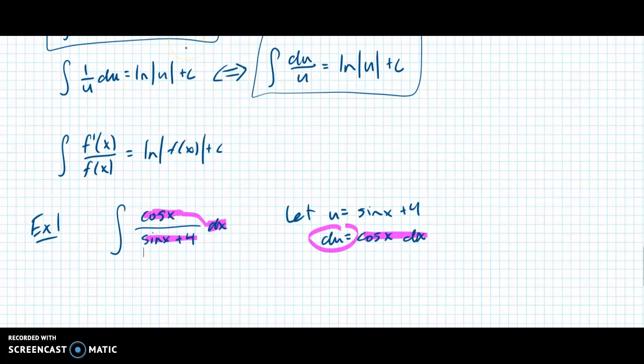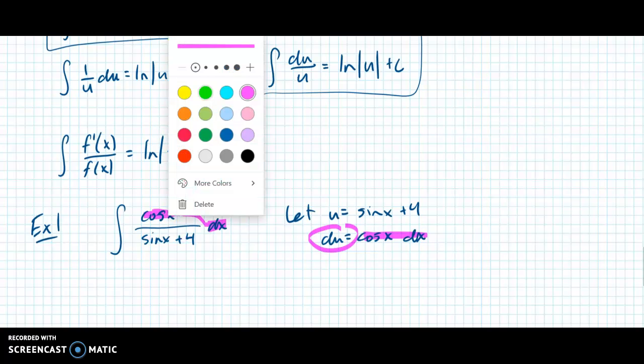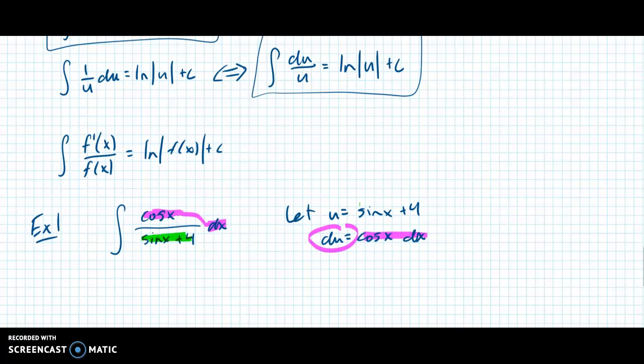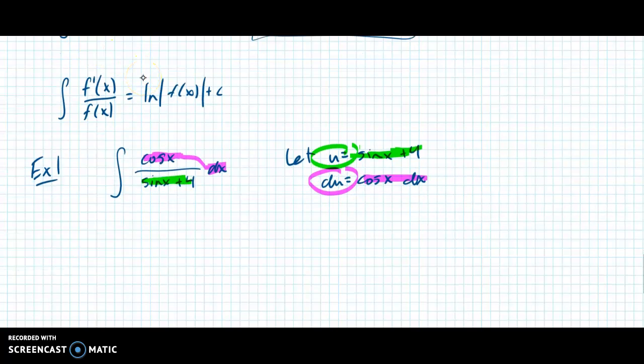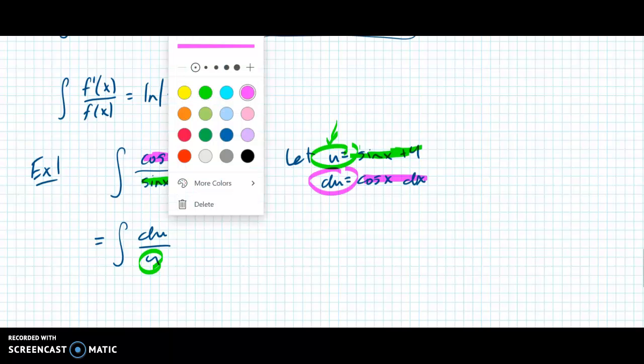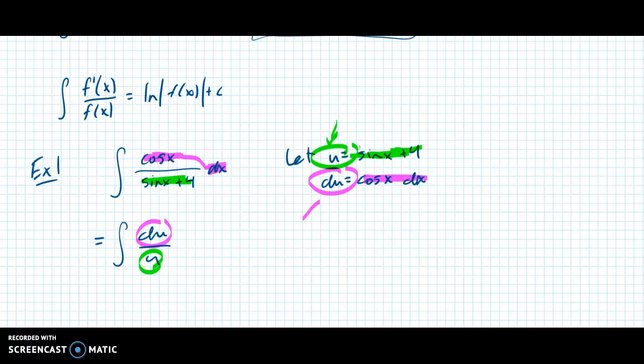This is that right there, so it'll get replaced with that. So when I do my substitution, I write that this is equal to the integral of what is in the top, it's my du, and then what's in the bottom, it's my u.